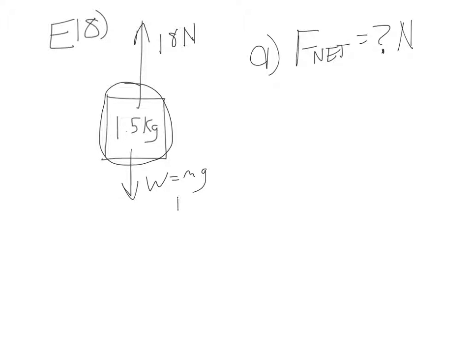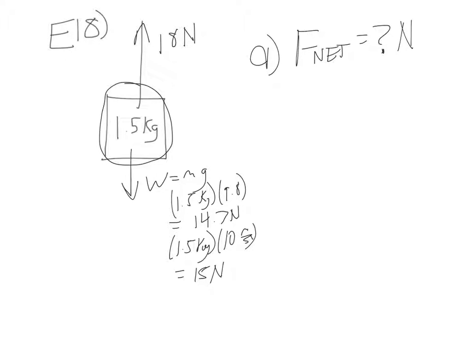So it's either 1.5 kilograms times 9.8, which is equal to 14.7 newtons, or it could also be 1.5 kilograms times 10 meters per second squared, which is equal to 15 newtons.